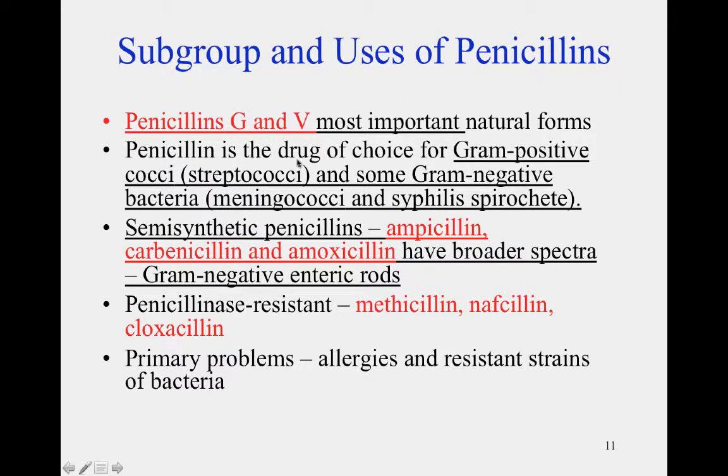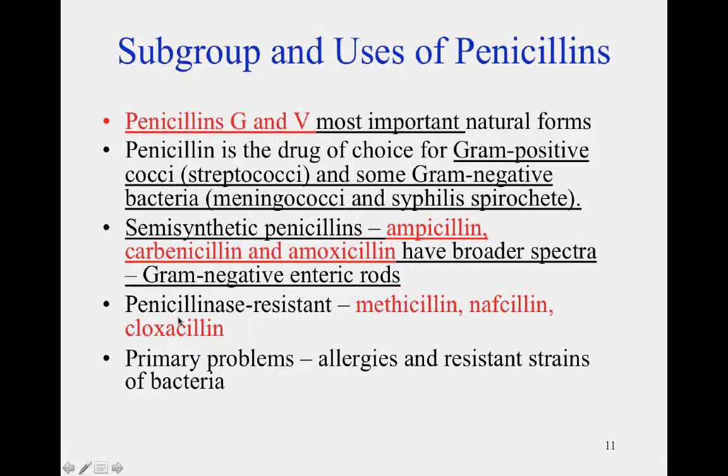Penicillin is indeed the drug of choice for a multitude of gram-positive streptococcal infections, also meningococcal, syphilis-associated infections. And then we have the semi-synthetic penicillins like ampicillin or amoxicillin, which have broader spectra of treatment. Also, there are some noted bacterial infections that have this associated penicillinase.